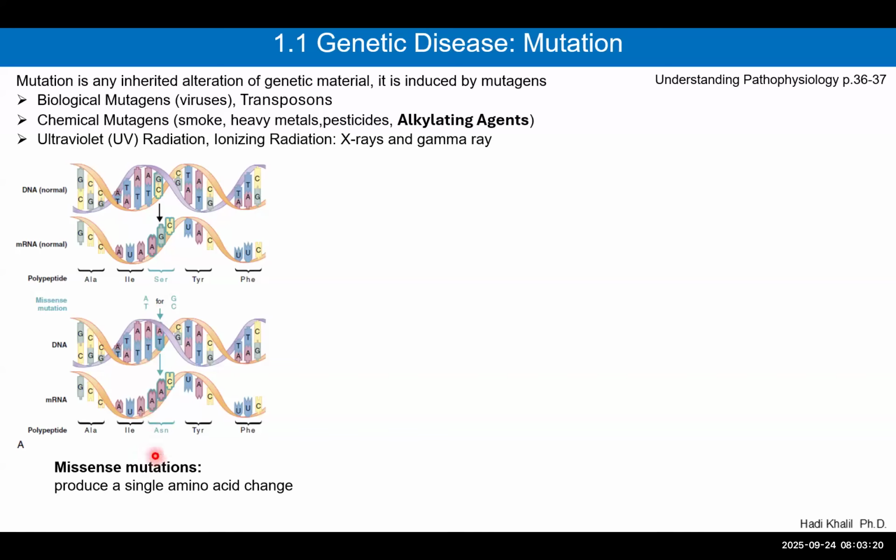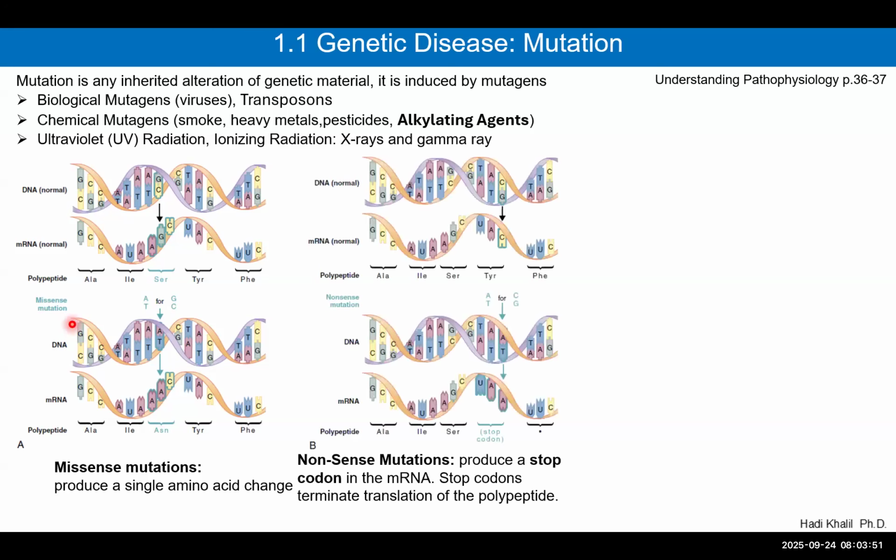That's called a missense mutation. But still, imagine it could be silent. It wouldn't really cause a disease, but it could also be very dramatic. Imagine that this site here, the serine, is the site where p53 or retinoblastoma is being phosphorylated. So it can be really dramatic. Okay, so a missense mutation could cause a disease or not.